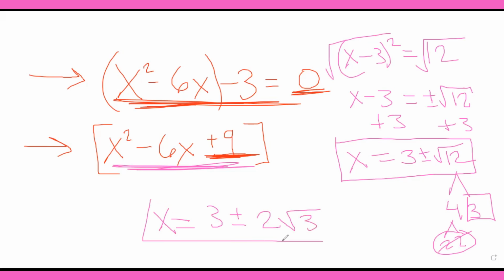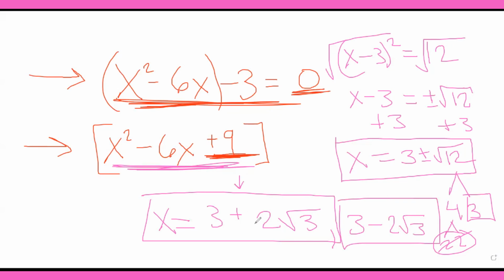So this would be the reduced form, and most teachers would probably accept the plus or minus. If they wanted you to write that out, you could just separate that. So x would equal 3 plus 2 square roots of 3, or 3 minus 2 square roots of 3. So that would be solving for x by completing the square.